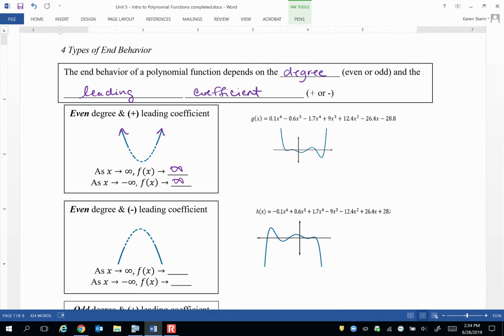Then we have even degree and negative leading coefficient. So a negative leading coefficient for a parabola-shaped curve just flips it upside down, right? That's a reflection over the x-axis. So as x approaches positive infinity, f of x approaches negative infinity.